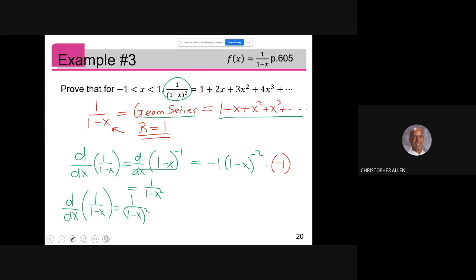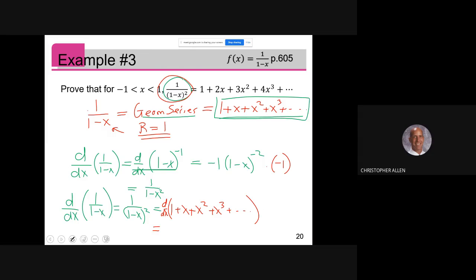Oh, I think I have a typo here. No, I didn't. I'm good. I'm sorry. I just thought I screwed that up. In other words, what we can do is take the series 1 plus x plus x squared plus x to the third plus and so on, and take the derivative of it. I'm doing the derivative of this because I know the derivative of this is this.